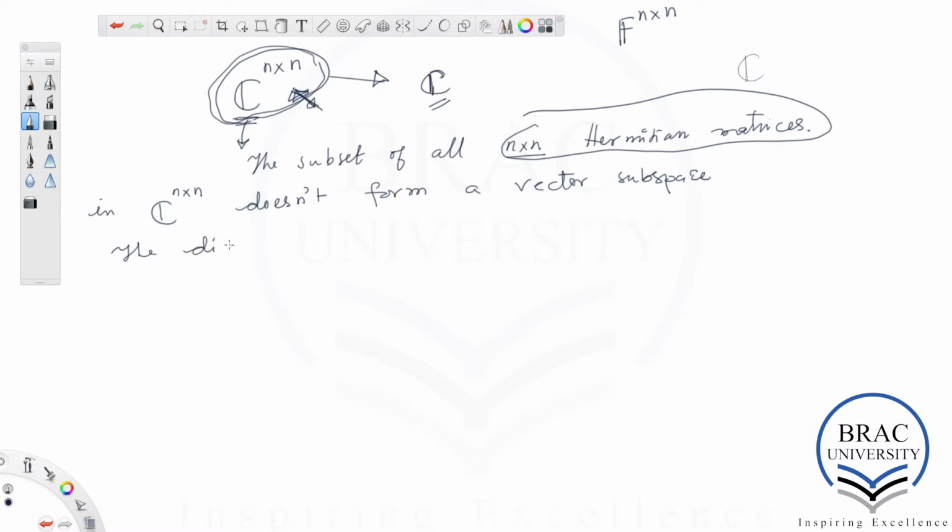The diagonal entries here are all real. Let me write down the definition of a Hermitian matrix. Ajk is supposed to be equal to the transposed conjugate, right? When I take the transpose, Ajk becomes Akj, and I take the complex conjugate, and that has to be the same as Ajk. That's the definition of a Hermitian matrix.